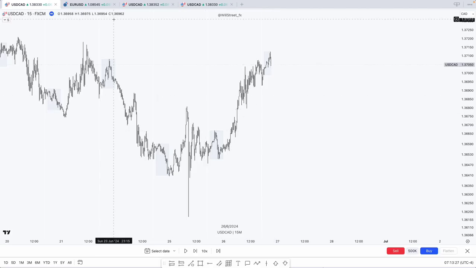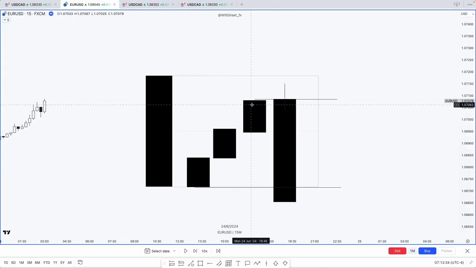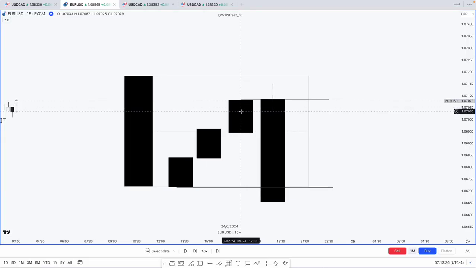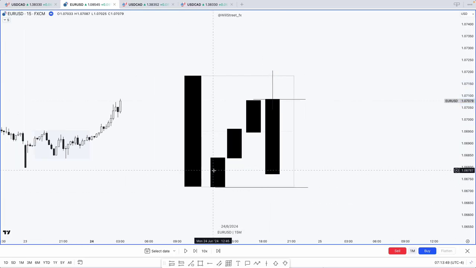And final setup I want to comment, it's really similar to this one. Actually, the one I want to comment is this one. This is also a beauty.